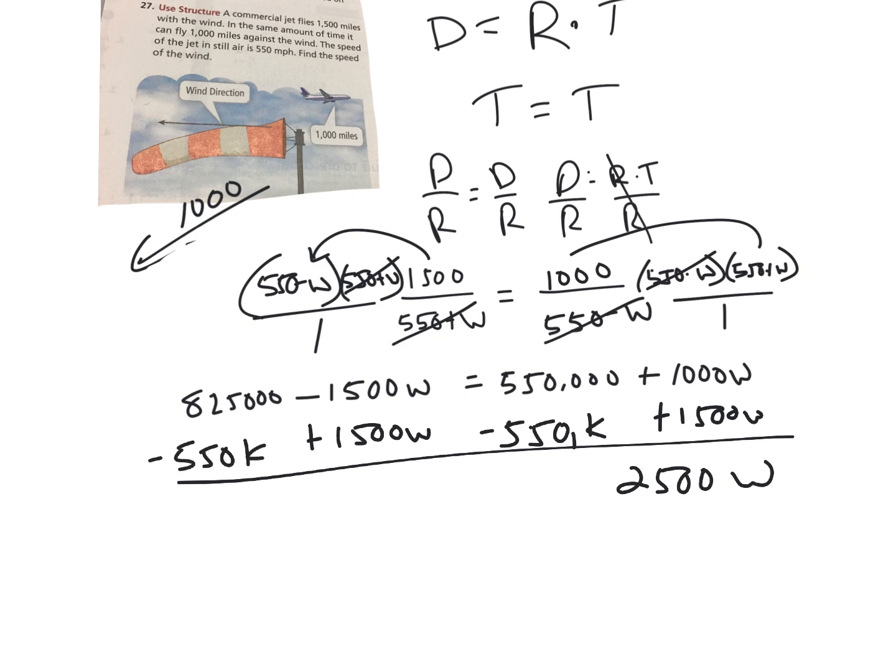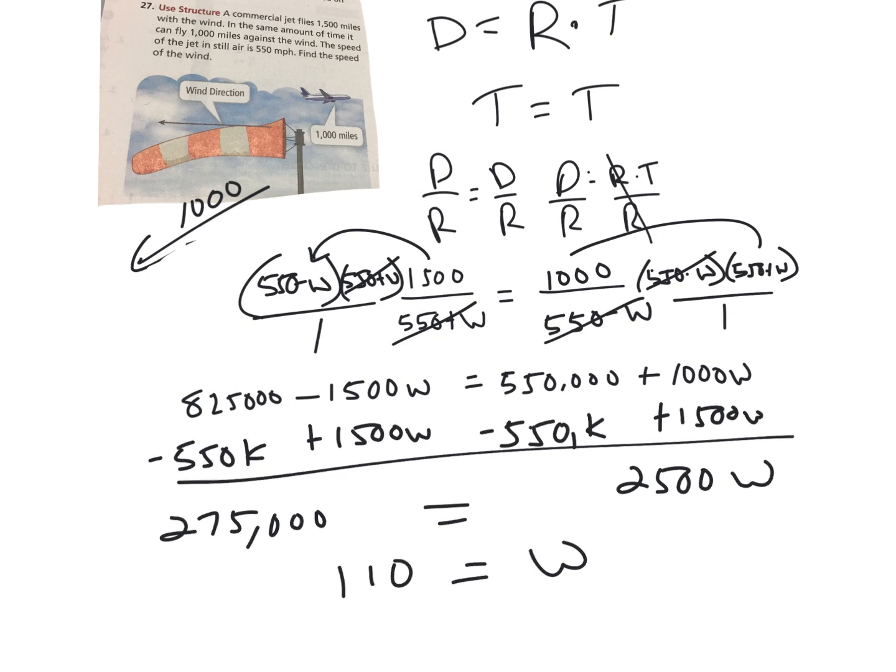I got 825 minus 550 is 275,000, and that equals 2,500 W. So we're going to divide by 2,500, and we get 110. So the speed of the wind is 110 miles an hour.